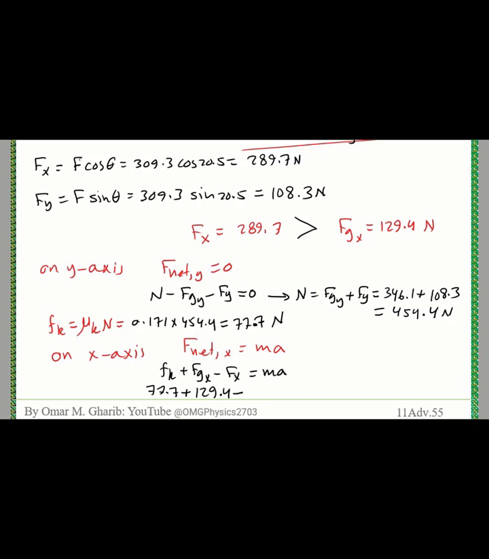Fx is 289.7. The mass is 37.7 times a, and you can easily find the acceleration from this expression. It would be minus 2.1 meters per second squared. This minus means up to the top of the incline.